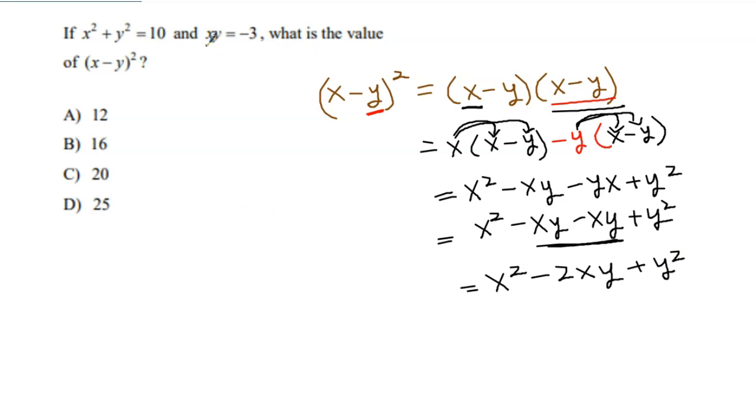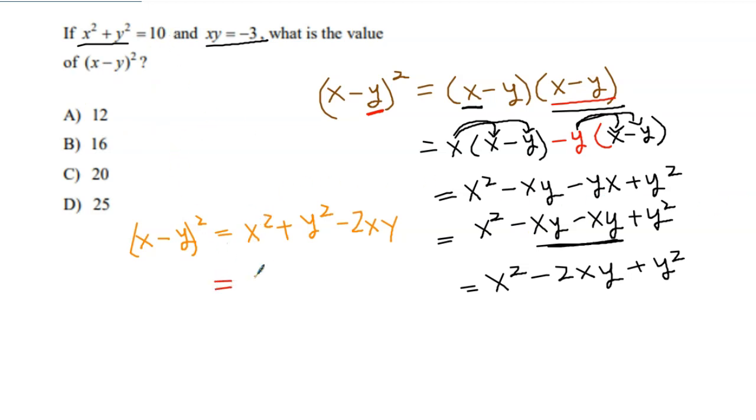So we have been given this and we have been given this. So let me bring this one closer. y minus x all squared gave us x squared plus y squared minus 2xy. Okay, we have been given all the figures, so let's go ahead and plug them in and find our answer.